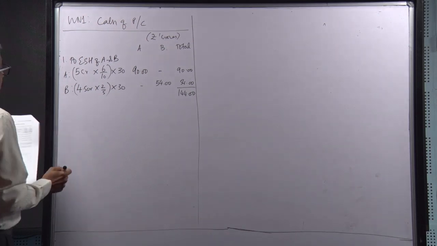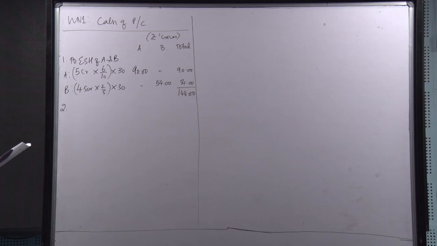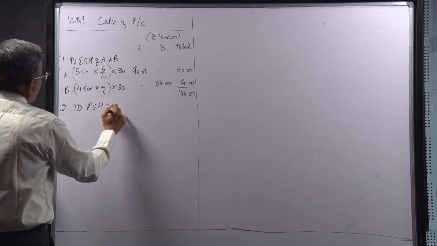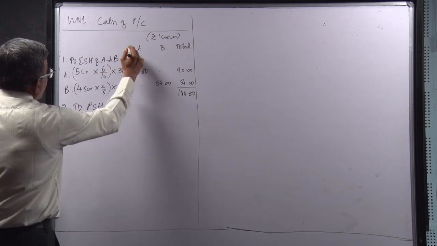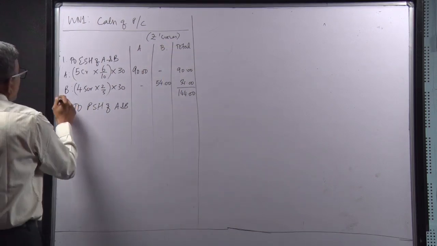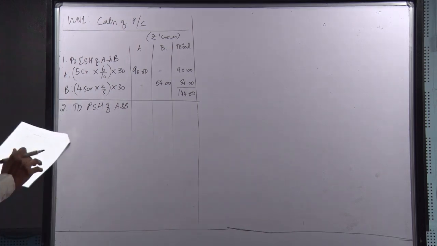Okay. Then number 2. Preference shareholders of the 2 companies, what will they get? Preference shareholders of A and B are issued an equivalent number of 15% shares of C at a price of 120. That means 1 for 1: if you hold 1 share in A, you will get 1 share in C, and similarly for B also.